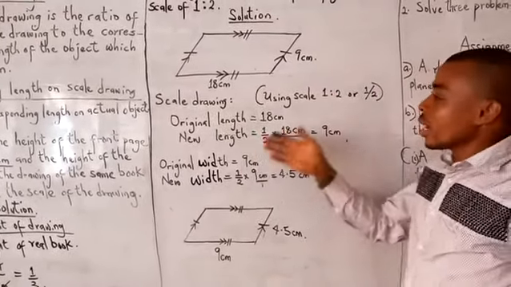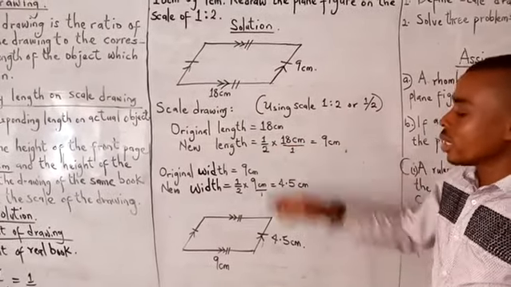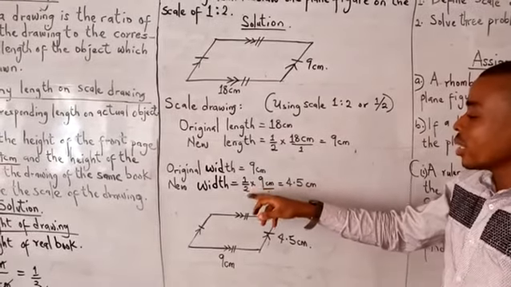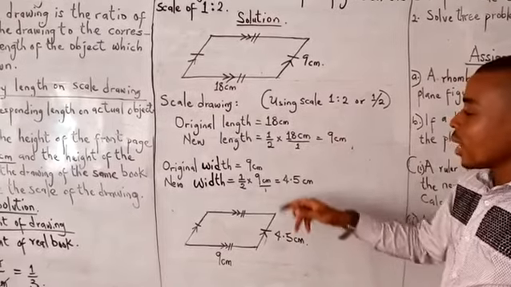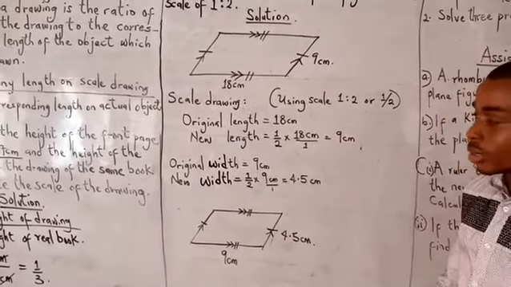Now, in case you're given the scale and you're given the original length and you're asked to find the new width, you simply multiply the scale by the original length and get what the new width will be. Is that understood?